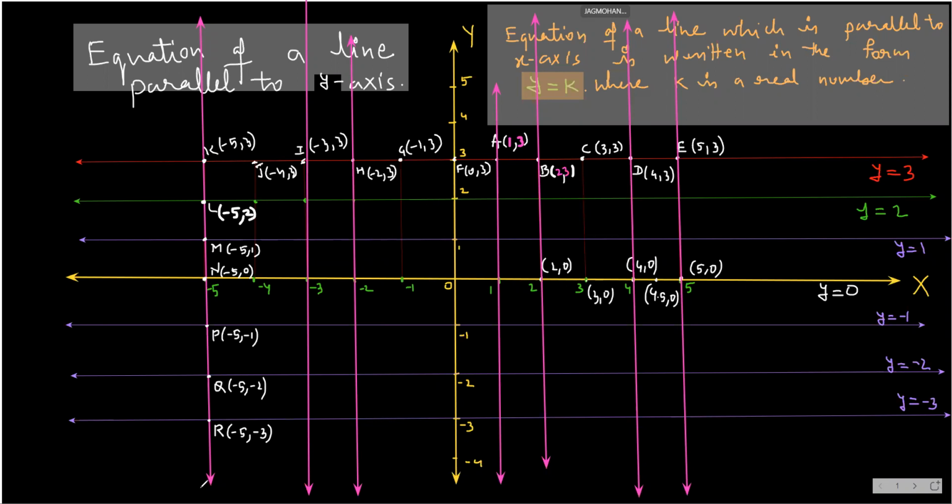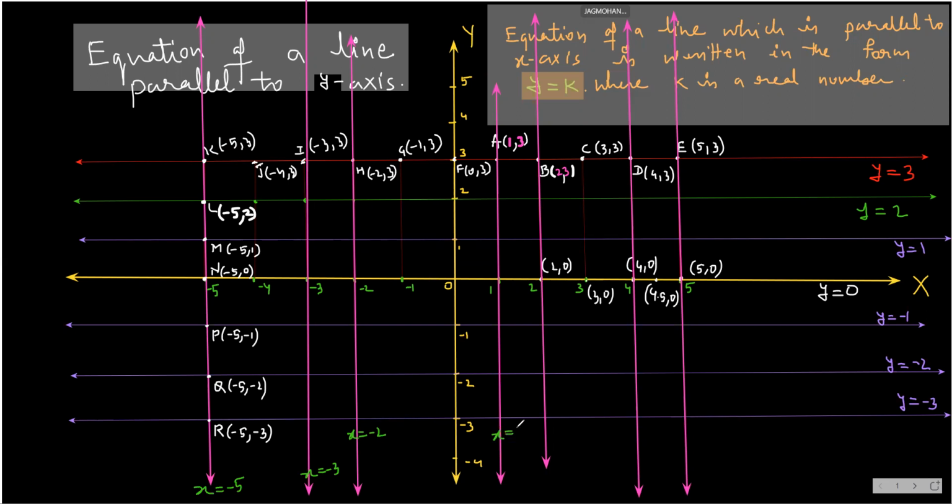So the equation of this line becomes x equals to -5. This is x equals to -3. Here you have x equals to -2.